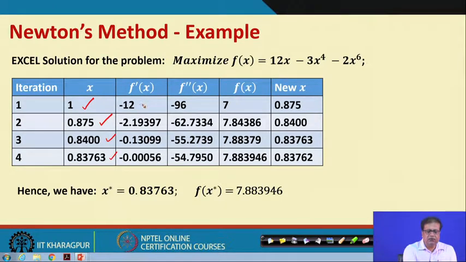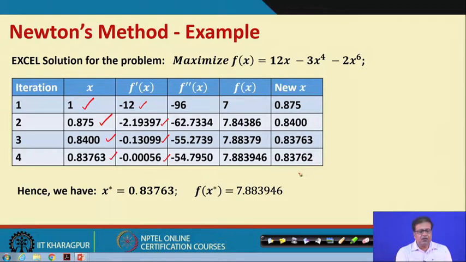It starts from minus 12 to minus 2.19 something, minus 0.13 and finally minus 0.000. So, you see with subsequent iteration the first derivative is nearing a 0 value. So, x is also slowly converging to a given value.